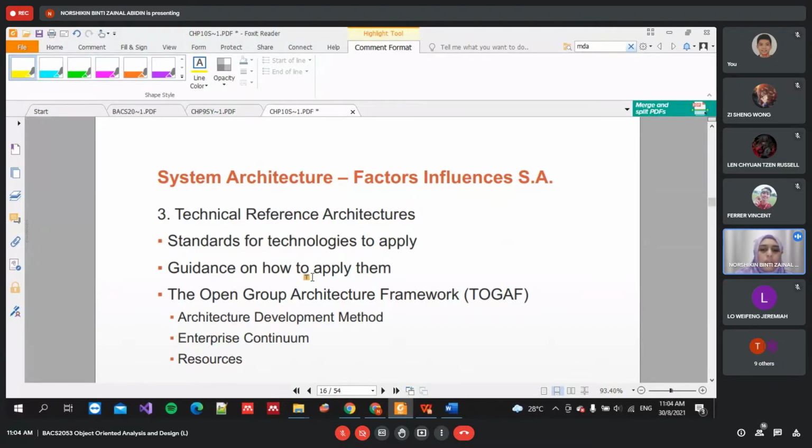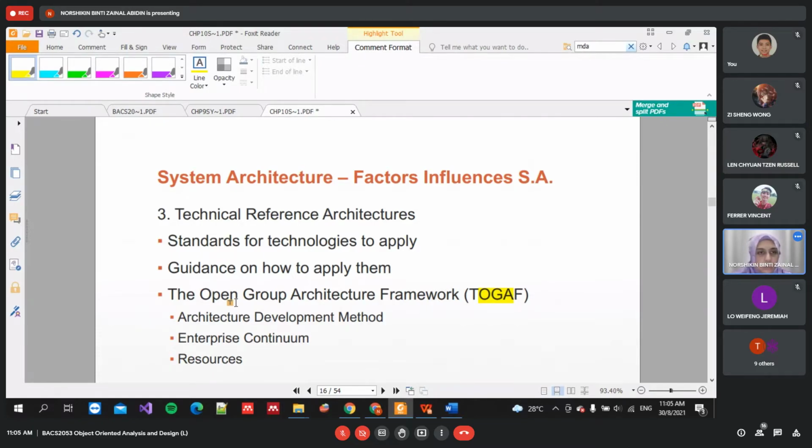This is something like the framework just now. For example, a system: how do we apply, how do we develop a system? This is an example of framework: The Open Group Architecture Framework, architecture development method, enterprise continuum, and resources. So it is how we want to develop our software or our system. That one is framework.